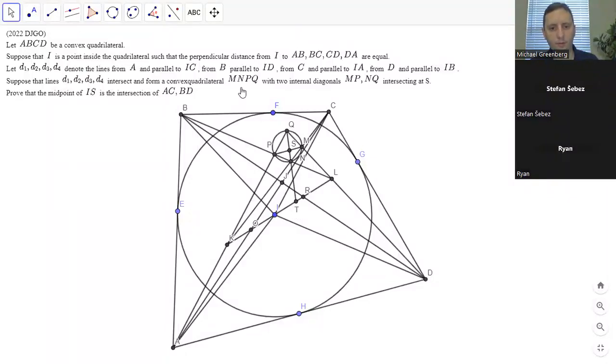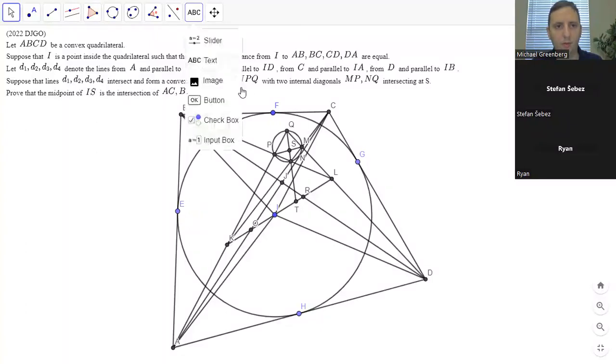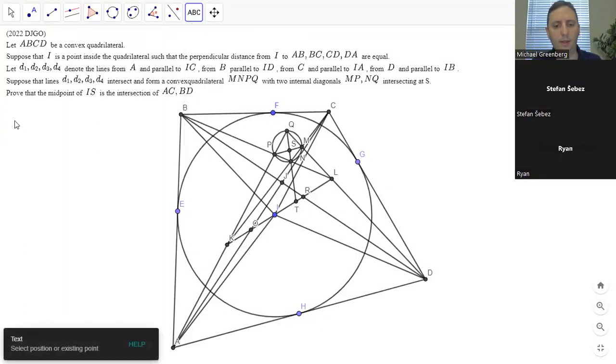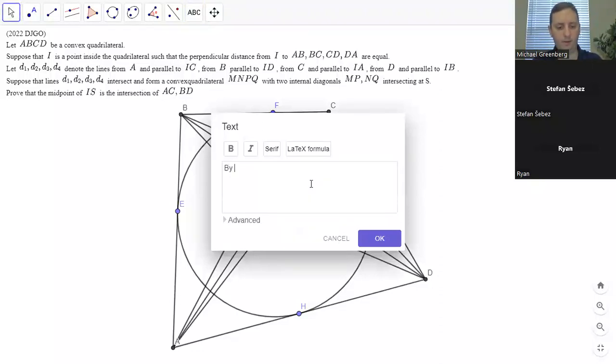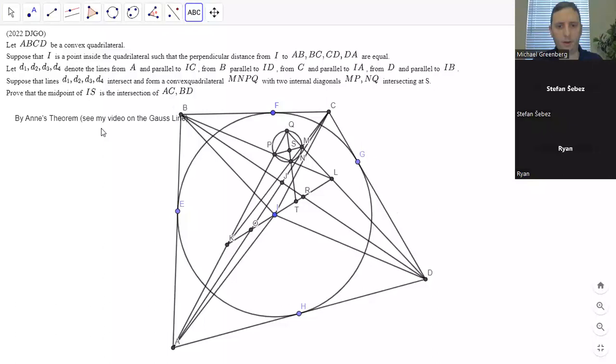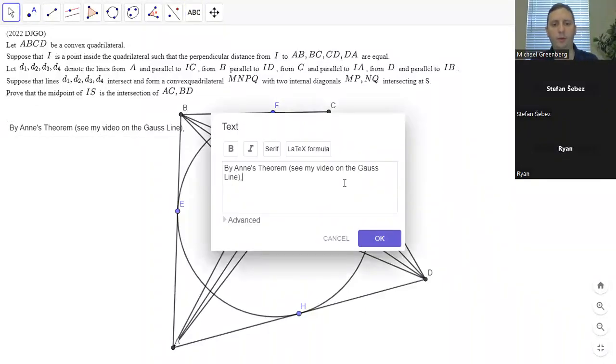Okay, so if I write out a sketch, by Ann's theorem, see my video on the Gauss line, I, K, and L are collinear, and I, R, and O are collinear, where R and O are the midpoints of the diagonals.